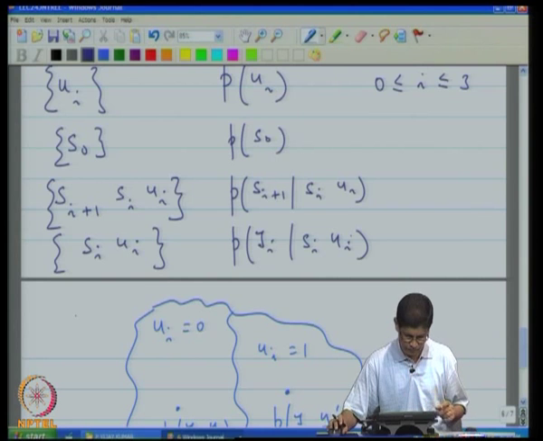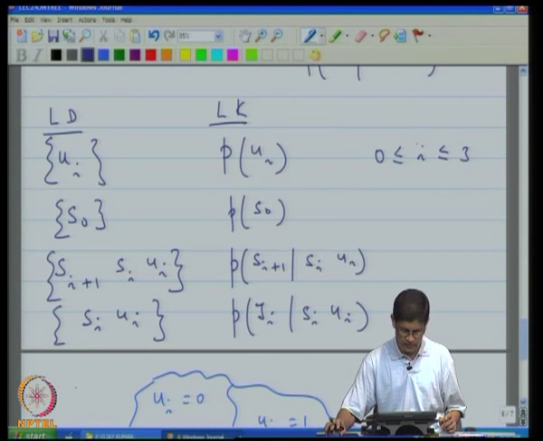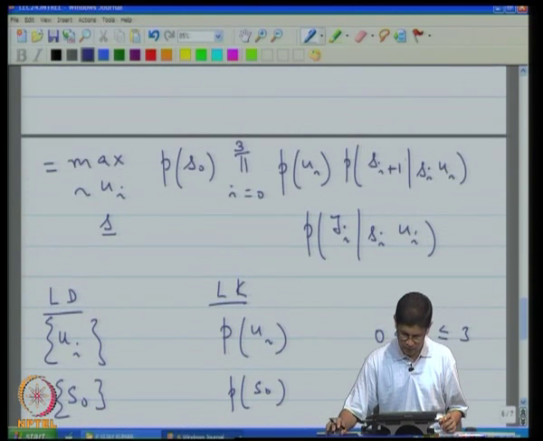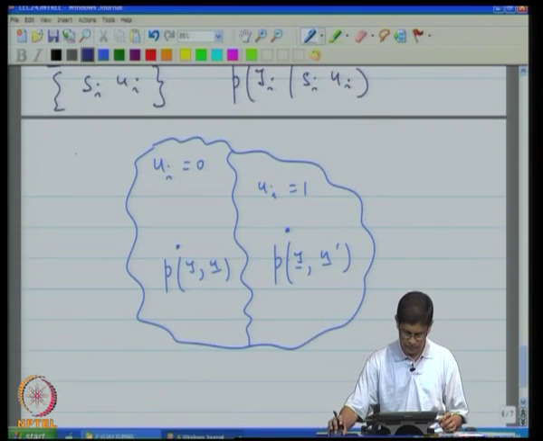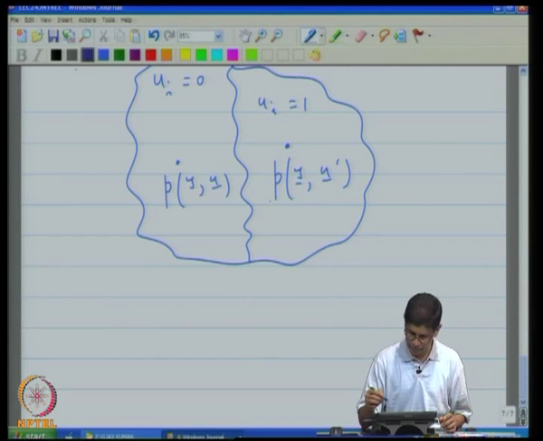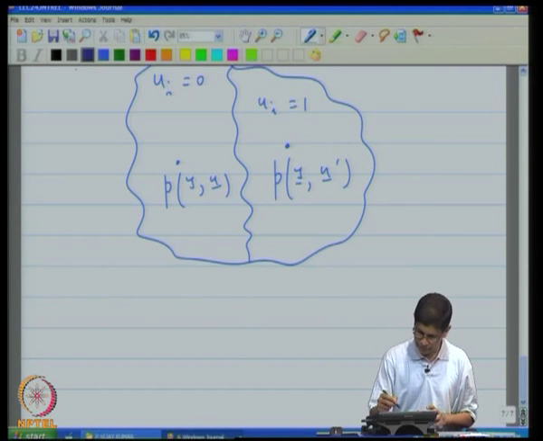So, these are your local domains, these are your kernels, and you can see that you have multiplied these and are marginalizing this. Okay. All right.